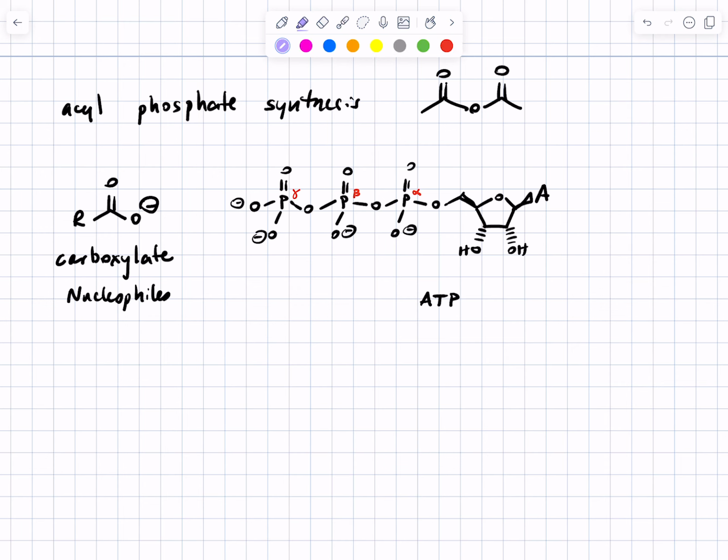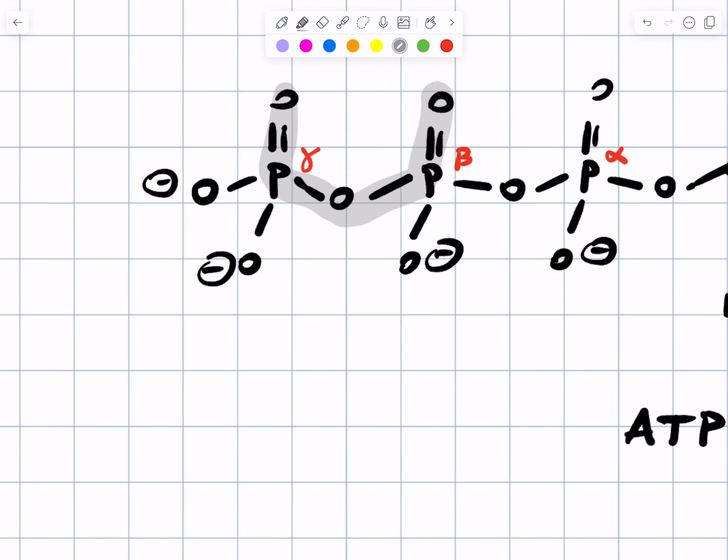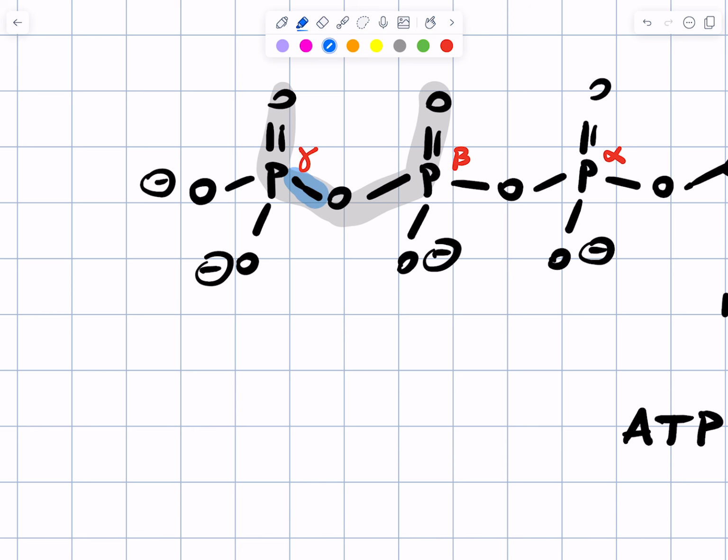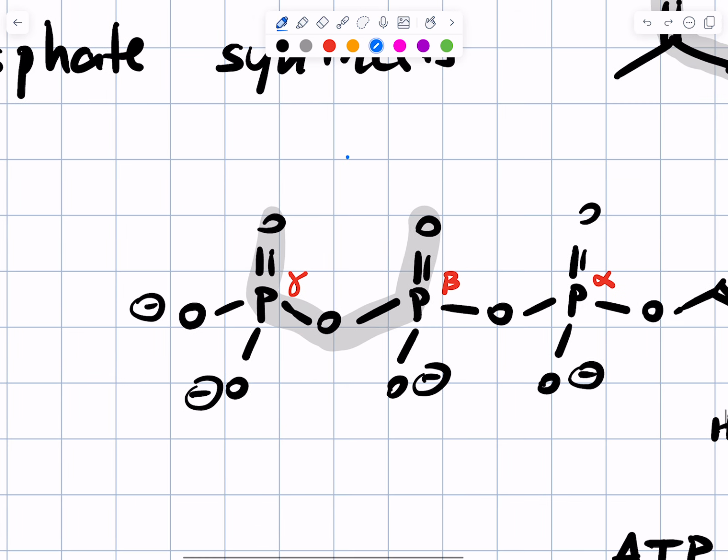You should sort of see the similarity in structure here and here. And in fact, this bond between the two phosphate groups, and there's several of them here, we will call a phosphoanhydride bond.